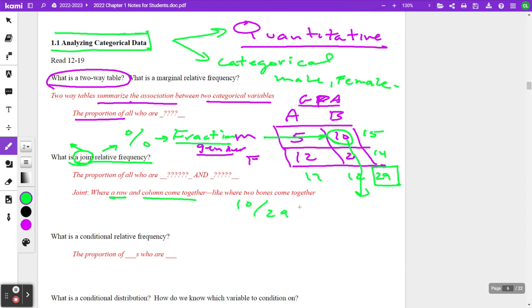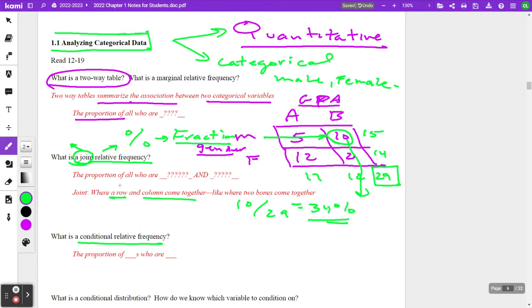That's the joint relative frequency. Males that get B's. And then we can turn that into a percentage if we wanted to. In a calculator, you go 10 divided by 29, which is about 34%. Pretty close.